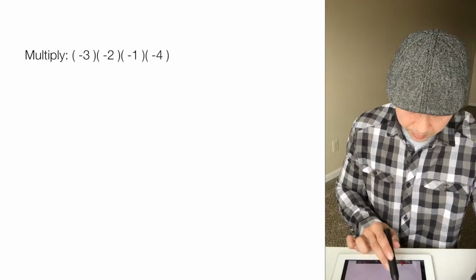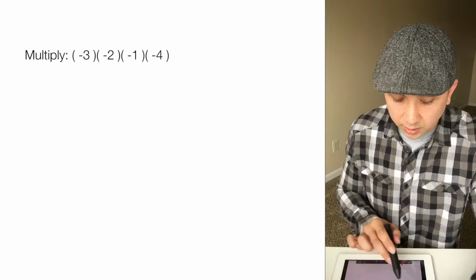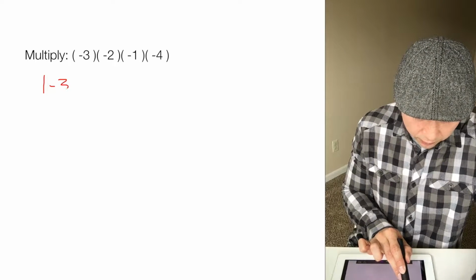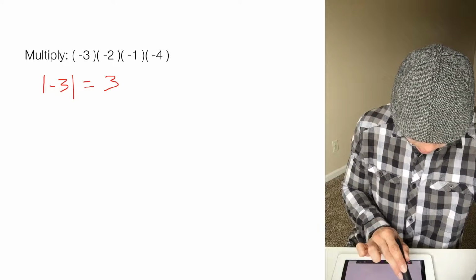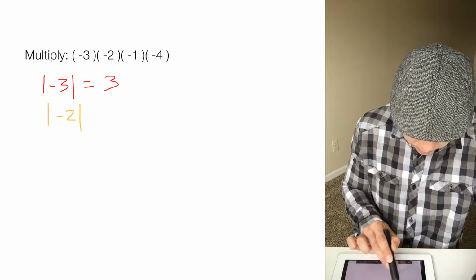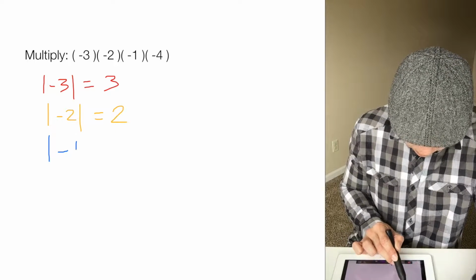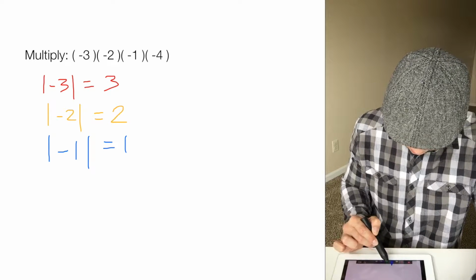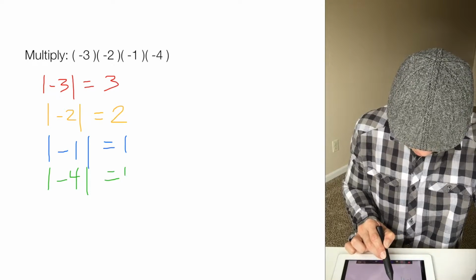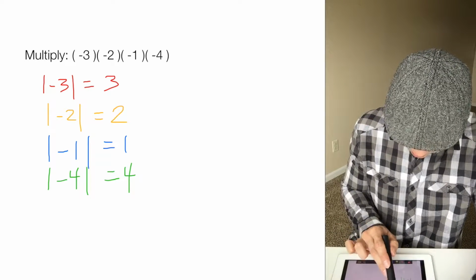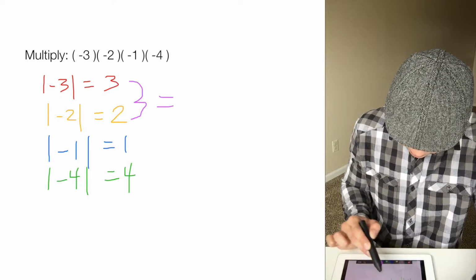Here, let's multiply -3 times -2 times -1 times -4. We're going to take their absolute values. The absolute value of -3 is 3, of -2 is 2, of -1 is 1, and of -4 is 4. So now we're going to multiply them. 3 times 2 gives us 6.